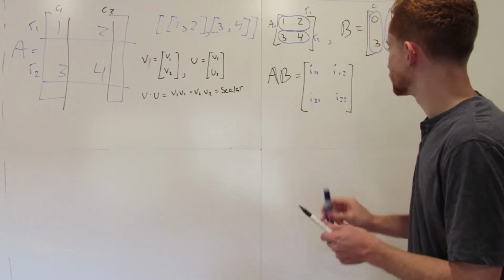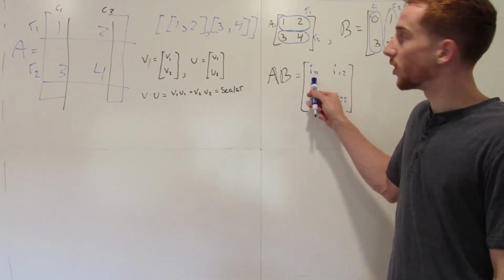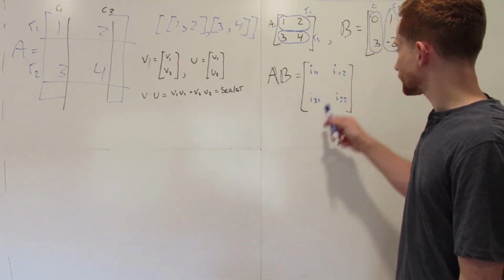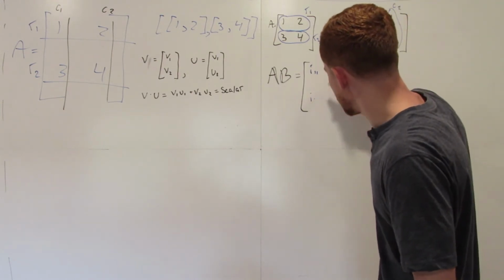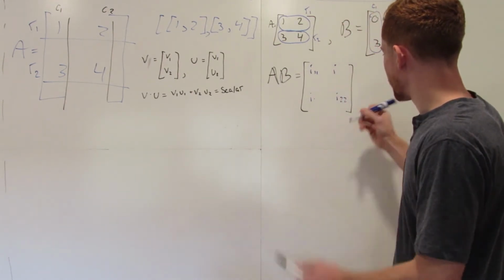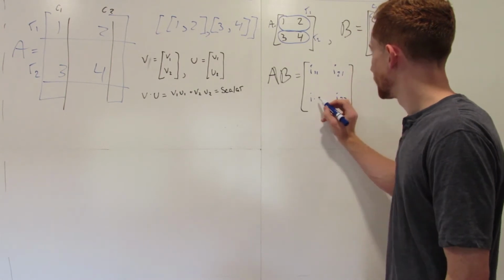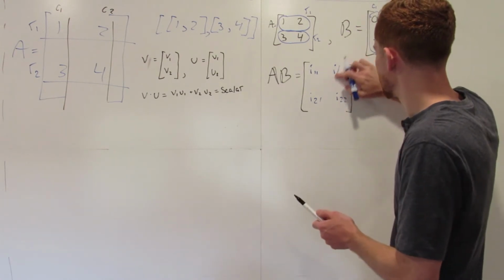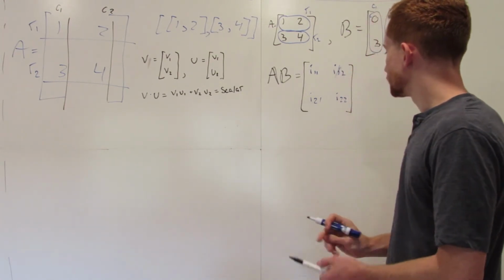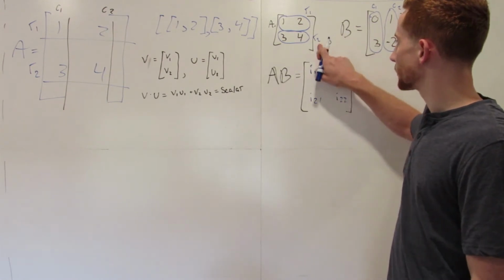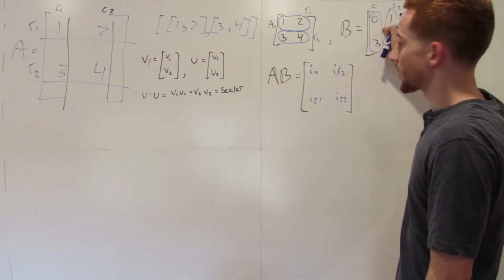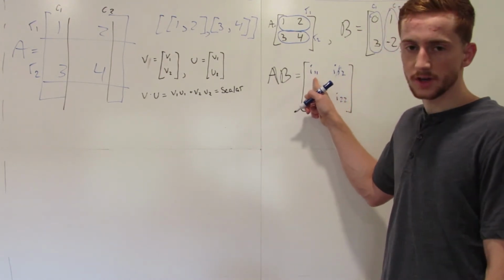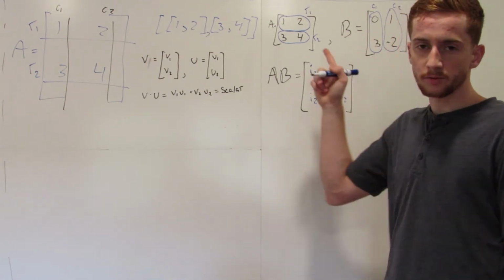And you'll notice that to get the first element, so to get I11, we use R1 and C1. To get this element here, I21, we use the second row of A and the first column of B. So you see that this subscript notation actually denotes which row and which column from A and B respectively you're going to be using.